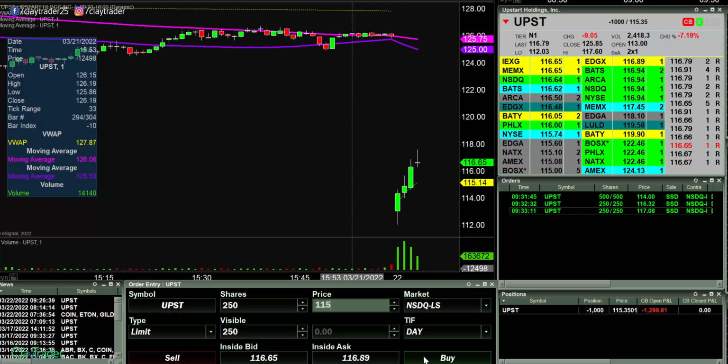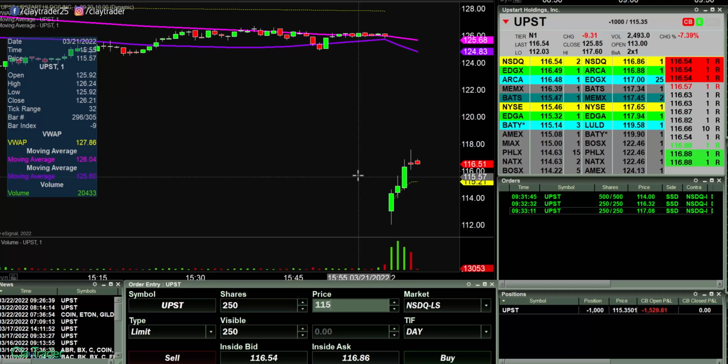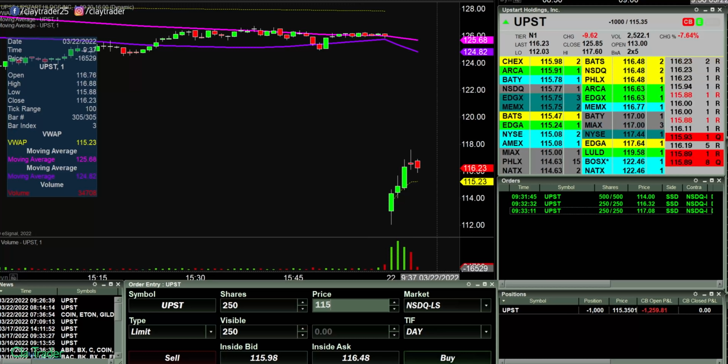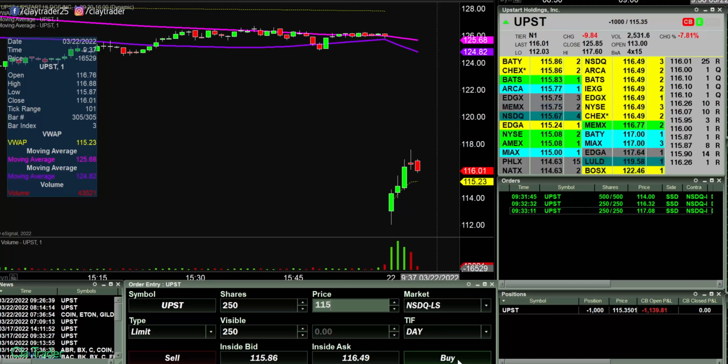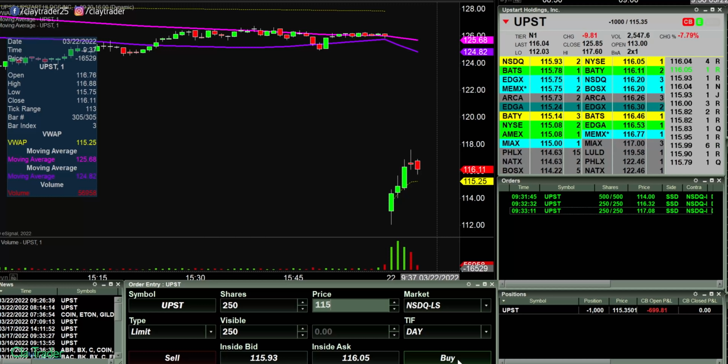Liking this candle that's starting to form here. See if this thing can come back down to 115-ish. Love that candle. Again, looking for 115, potentially below.